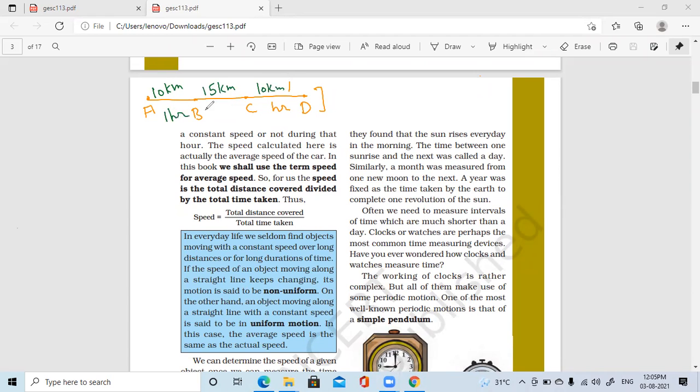Here 1 hour, here 2 hours, here 1 hour. So you can see the distance may not be the same, or the time may not be the same, or both may be different. Then this kind of motion is known as non-uniform motion, when a body covers unequal distances in equal intervals of time. Uniform and non-uniform motion.